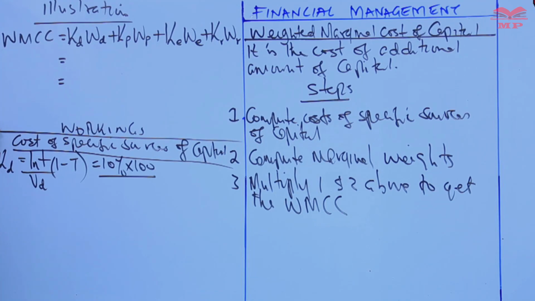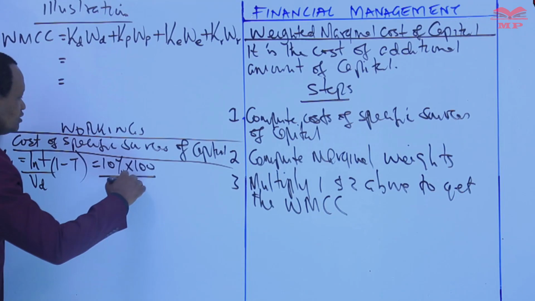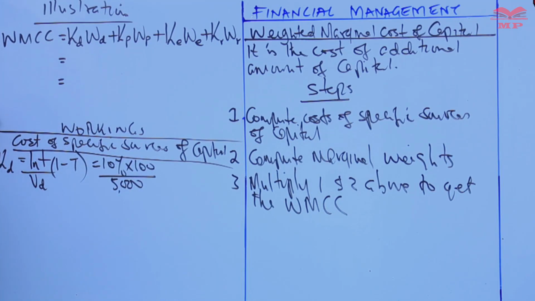So the market value of the debenture is 5,000. Do you see that from note number 1? Issue 10%, 100 debentures at the current price of 5,000. So one debenture, the market value is 5,000. I want you to see that.